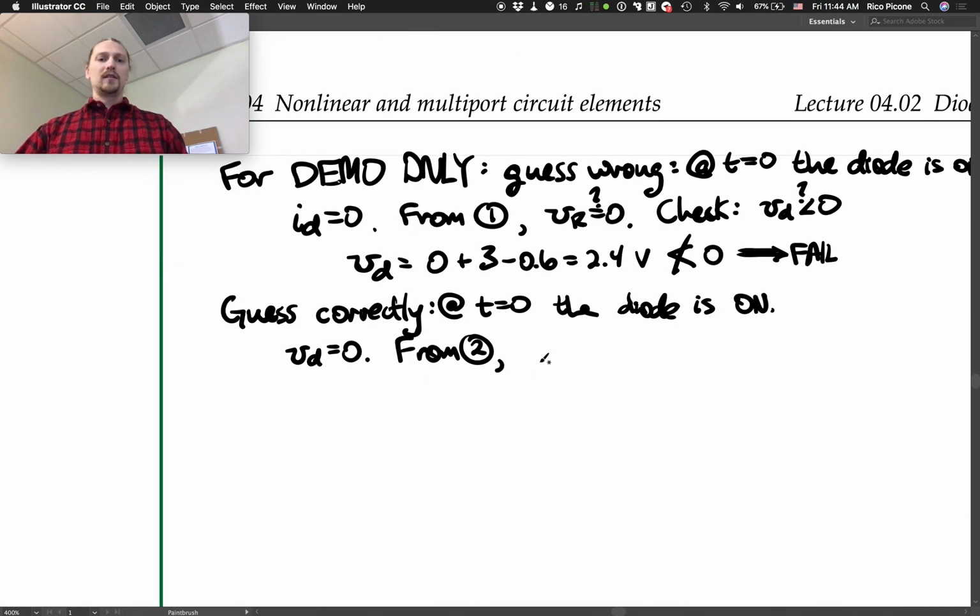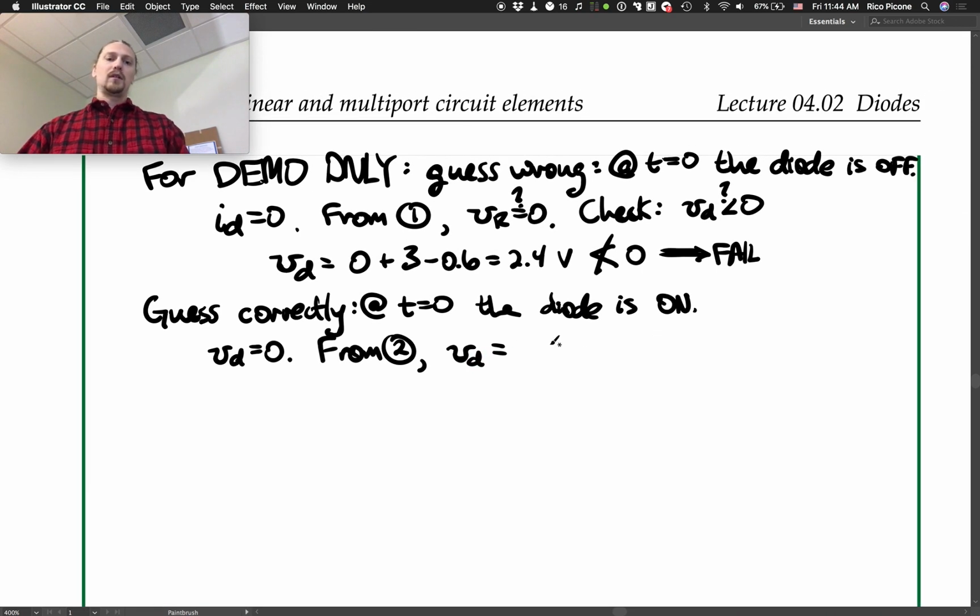So VR equals R over R plus RD times VS minus 0.6 minus VD.